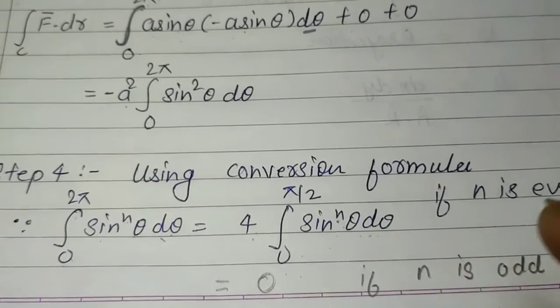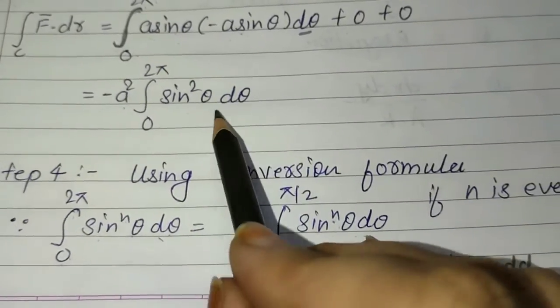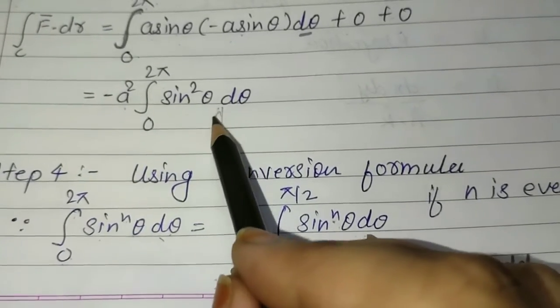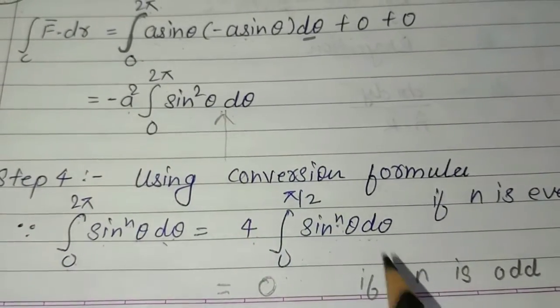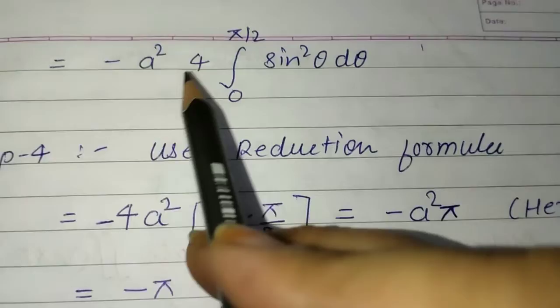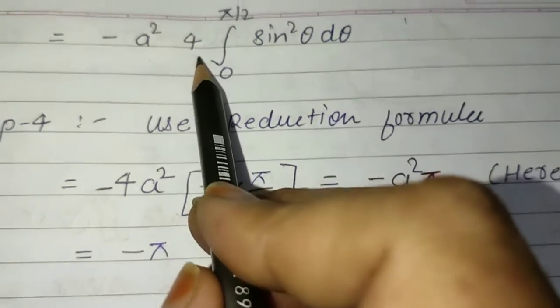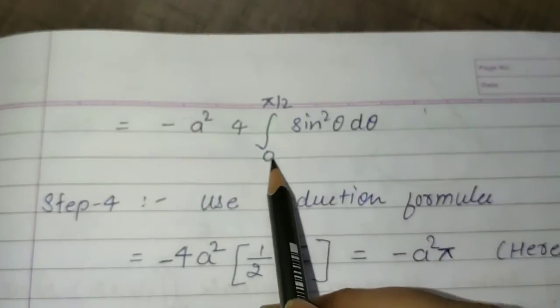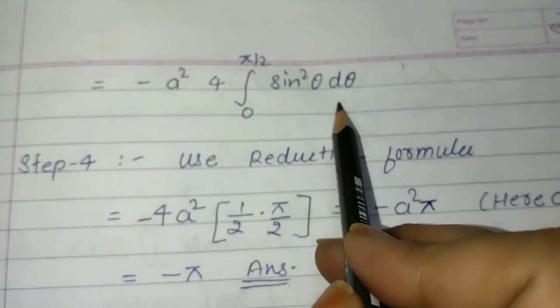Okay, so we will use this conversion formula. So the value of this is minus a square times 4 times 0 to pi by 2 sin square theta d theta.